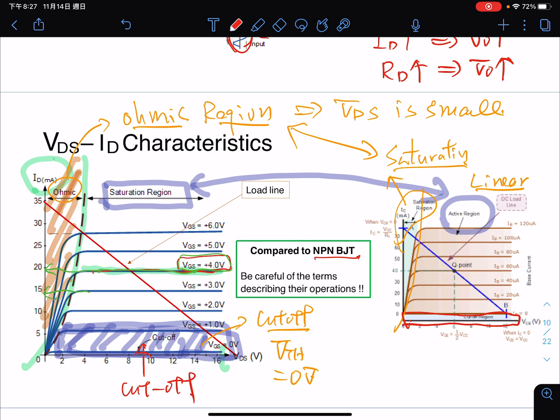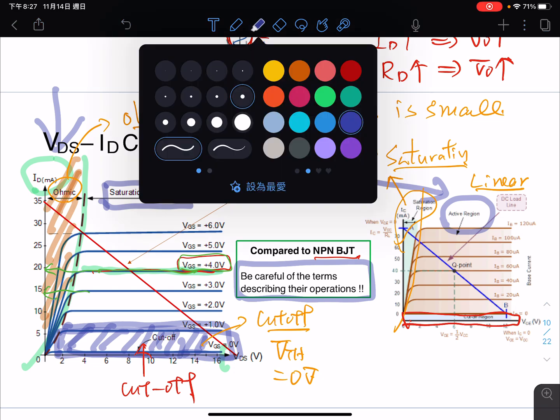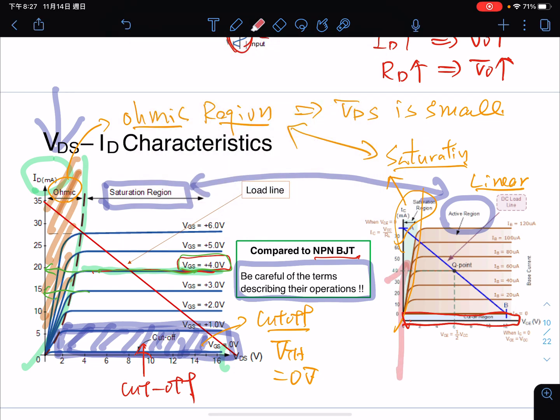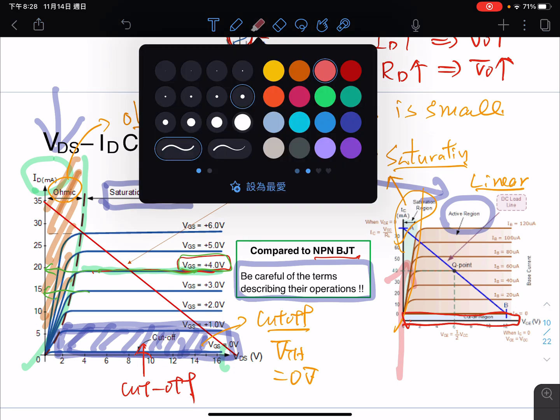So this we can compare. So be careful with the terms. Let me repeat again. The ohmic region here of the MOSFET is similar to the saturation region of the bipolar junction transistor.